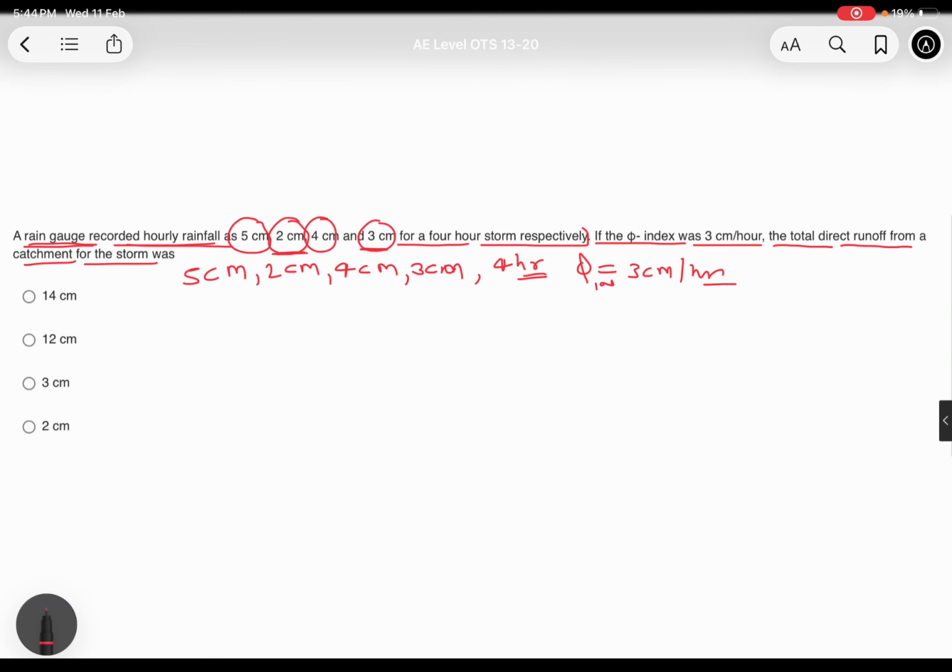So 3 centimeter per hour is less than or equal to the phi index.